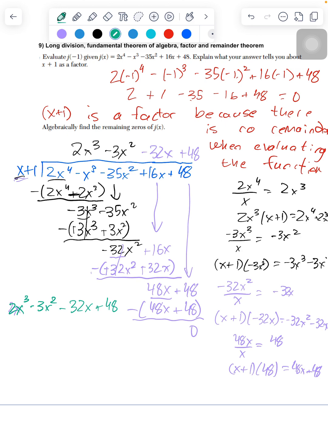Let me change to a different color. All right, let's try some factoring by grouping. What do these both share? Right, these share an x squared, so I'm going to pull out an x squared from both. So x squared, all I have left is 2x minus 3.